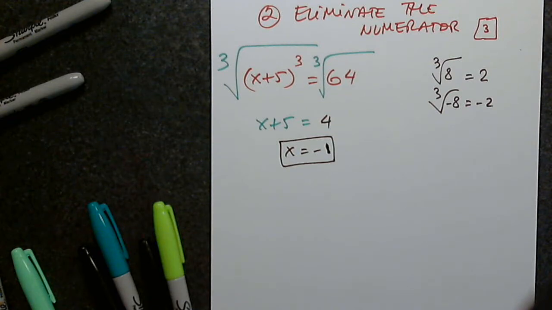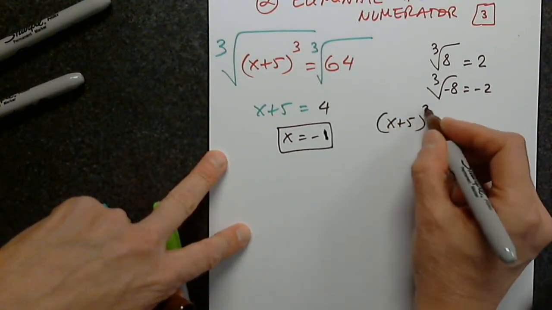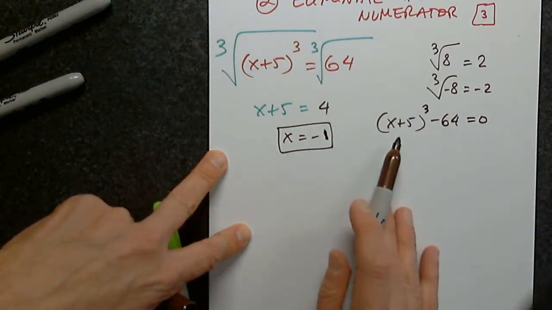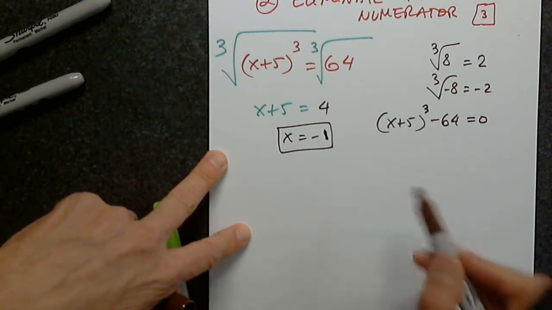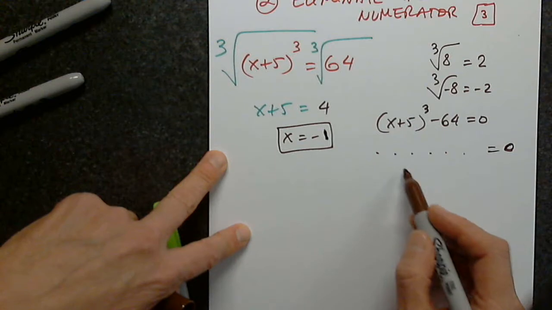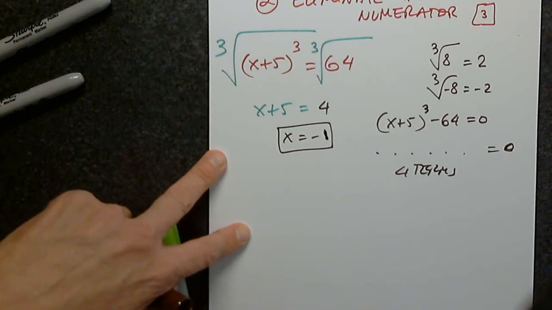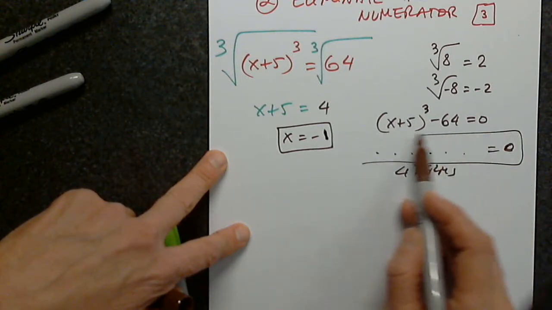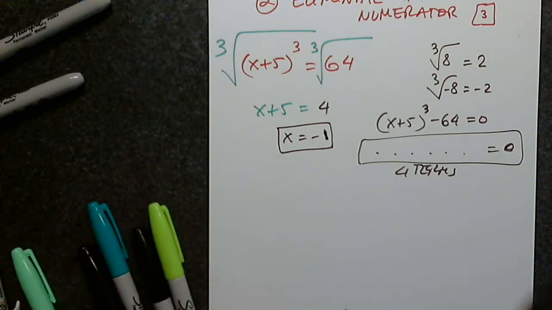Now you could say you're contradicting yourself because you said polynomial degree 3, 3 solutions. How come you're not writing 3 and just 1? It's because in order to find the other solutions, I will have to expand x plus 5 to the third, subtract 64, and get 4 terms, because I will have to incorporate negative 64. And solving this equation is not really possible unless we use a graphing calculator that gives us solutions.